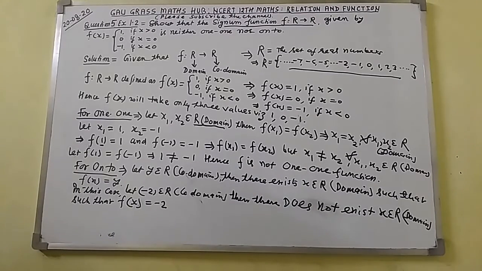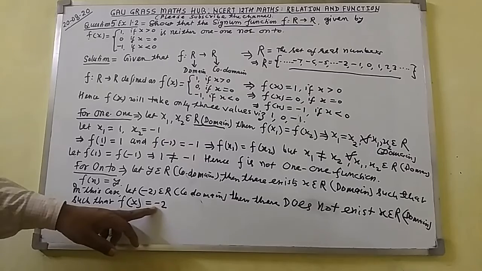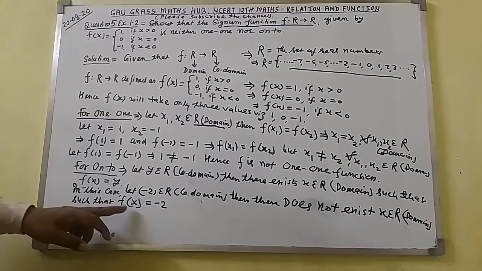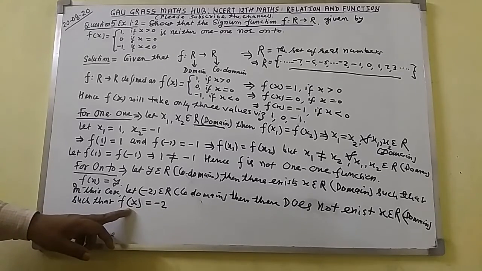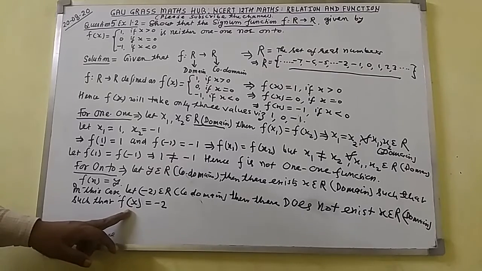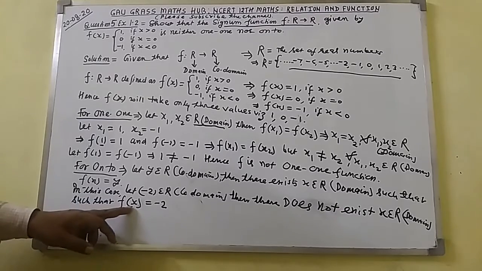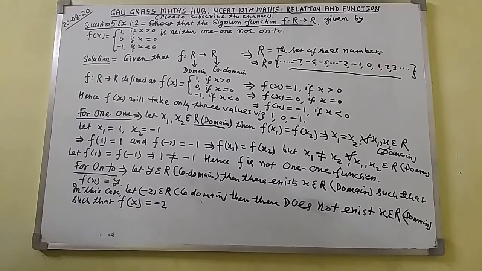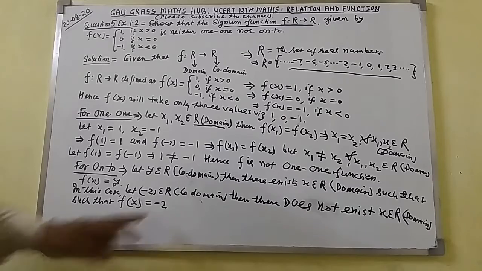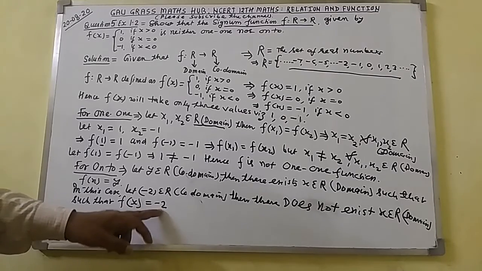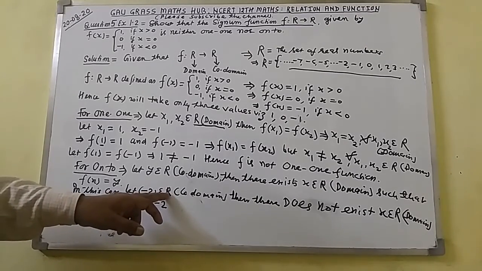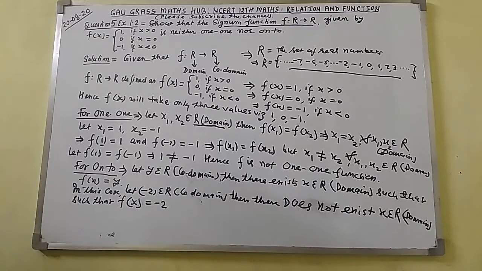Why is it so? Here you can see the value of x will not be there in the set of real numbers so that the image of that value comes out to minus 2, because minus 2 belongs to the set of real numbers codomain.